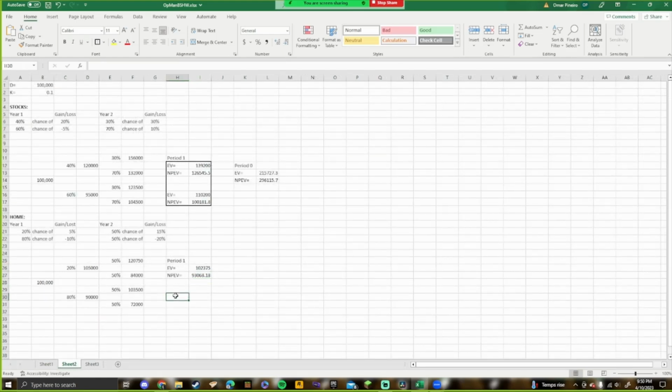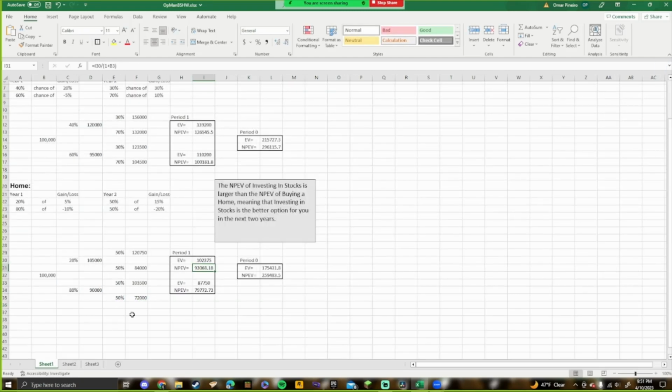Now we need to do our EV and NPEV for this bottom route. Now it's the exact same thing. Take your 50%, you multiply it to that value, then you add it to the 50% times its value.